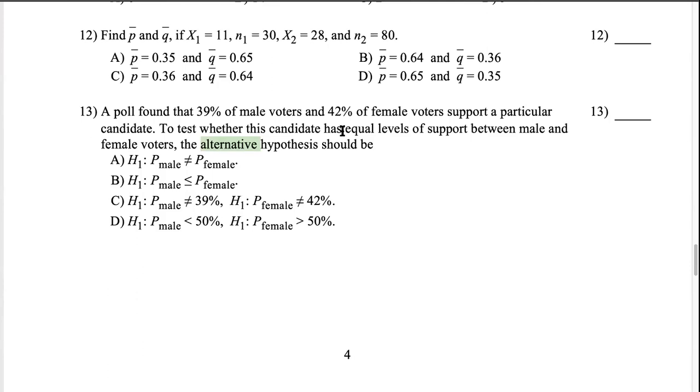In other words, H1 should be what? You cannot have an equal sign here, so H1 should be not equal, because they did not say which one is higher, right? This one is even more confusing. How come you have a 2 H1? Forget that.